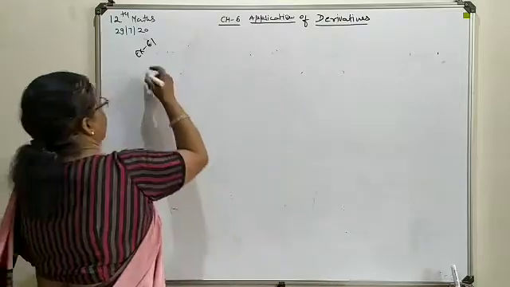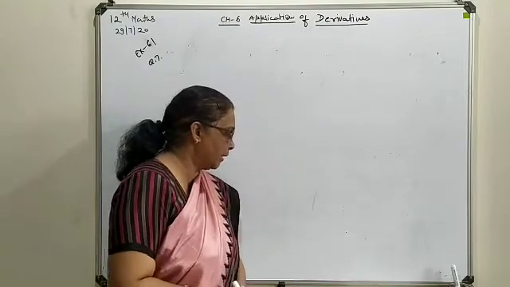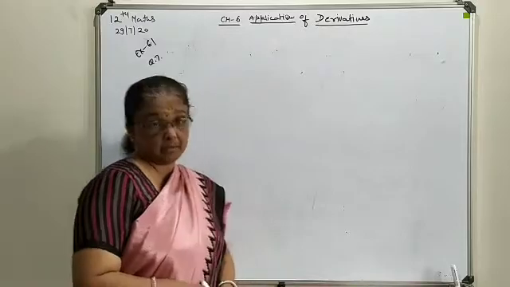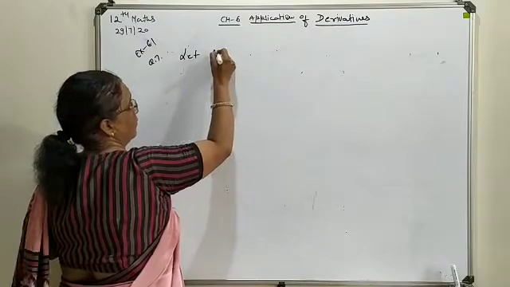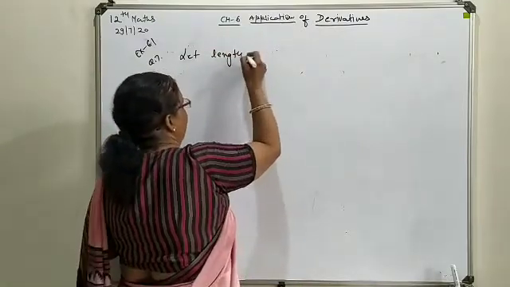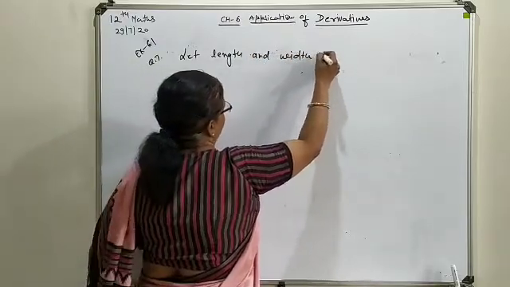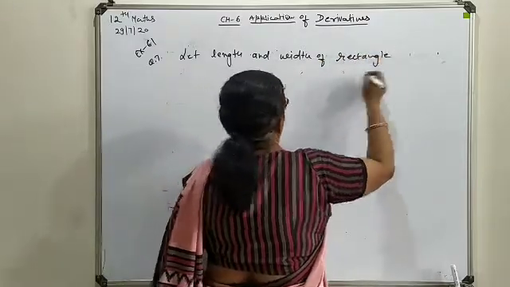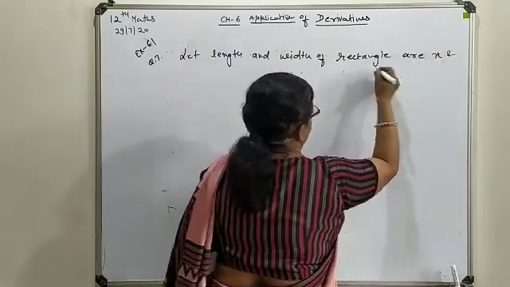Now, in question number 7, the length x of a rectangle is decreasing at the rate of 5 centimeter per minute. So, first of all, we take the length and width of the rectangle as x and y respectively.